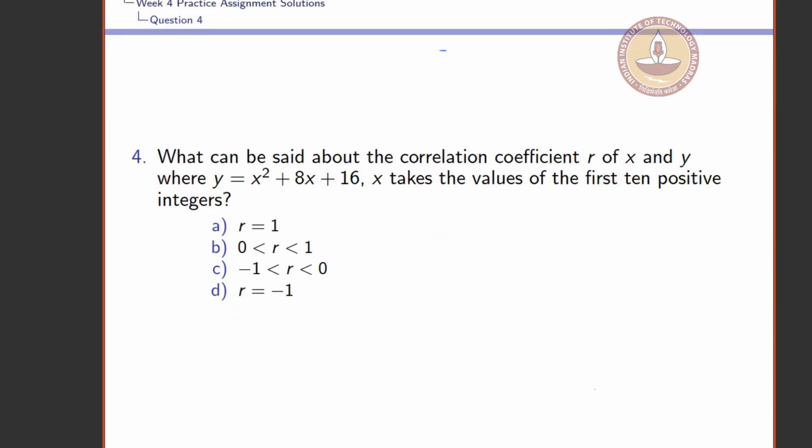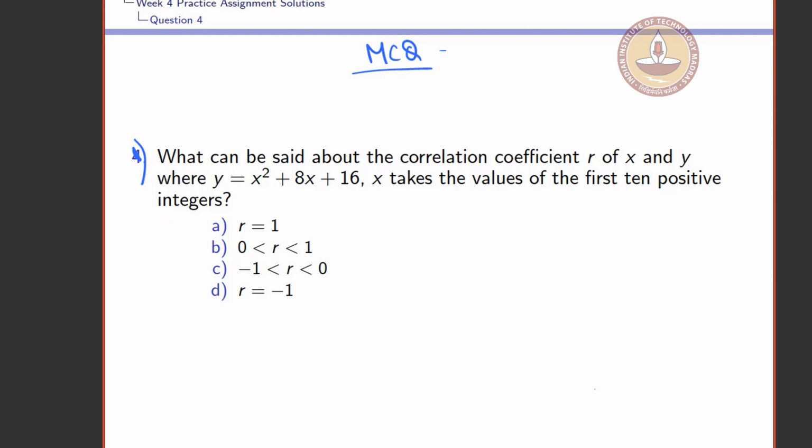Now let's move to our next section, that is MCQ. The first question here is, what can be said about the correlation coefficient R of x and y, where y is x square plus 8x plus 16 and x is taking the values of the first 10 positive integers.